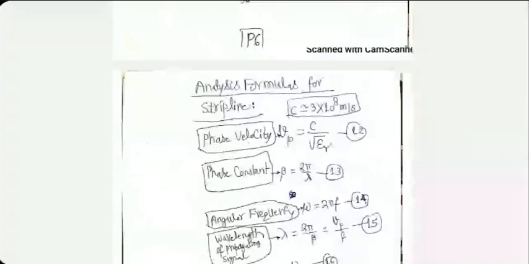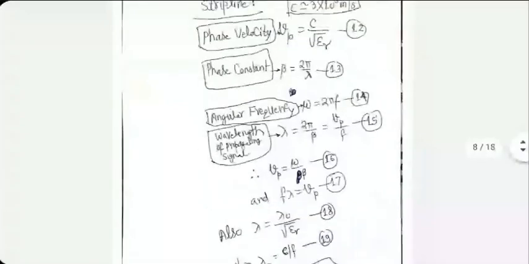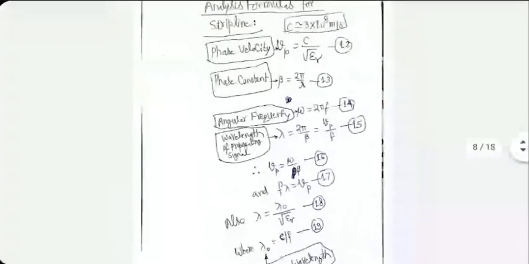Phase velocity is simple enough to calculate. Vp is omega divided by beta, so you can use that formula here also. And lambda, the wavelength of propagation, is 2 pi divided by beta. So using all that, I've written equations for your quick reference.